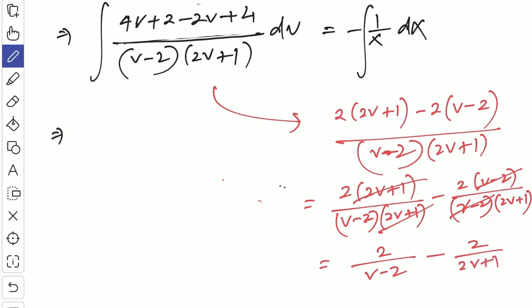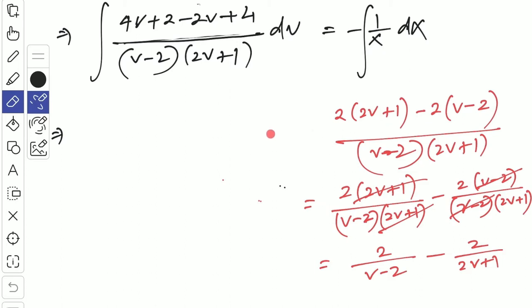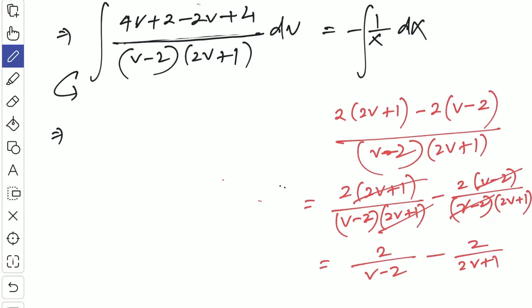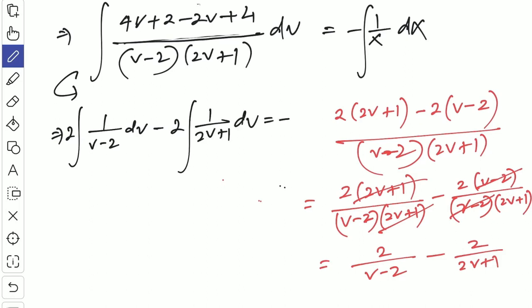So what we have got now is that we can write the left hand side as 2 integration 1 by (v minus 2) dv minus 2 integration 1 by (twice v plus 1) dv minus integration 1 by capital X dx.